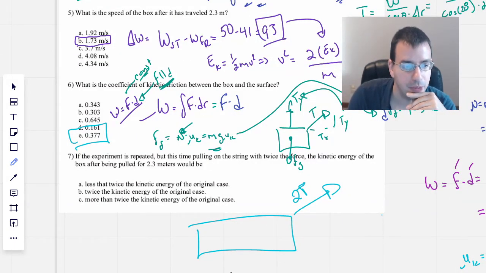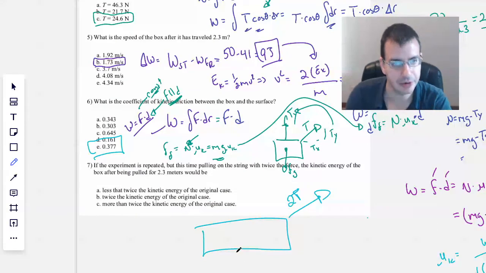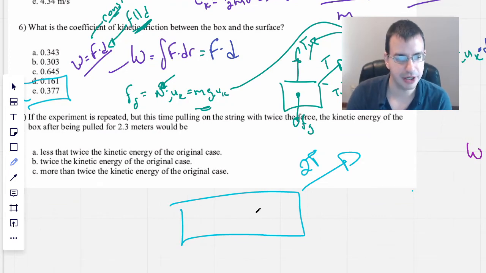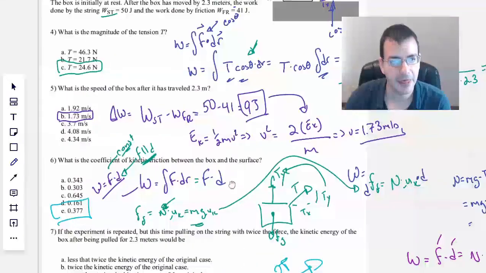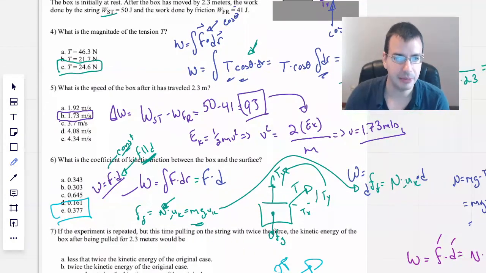After 2.3, what would the box be now? Okay, so we don't really have enough data for this, because do we assume that, so we're pulling twice as hard, does that mean that we are, so I have 2 tension here, so I have 2 times tension y there, 2 times tension x here.